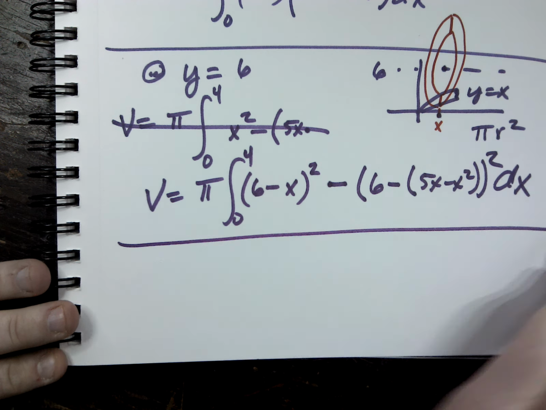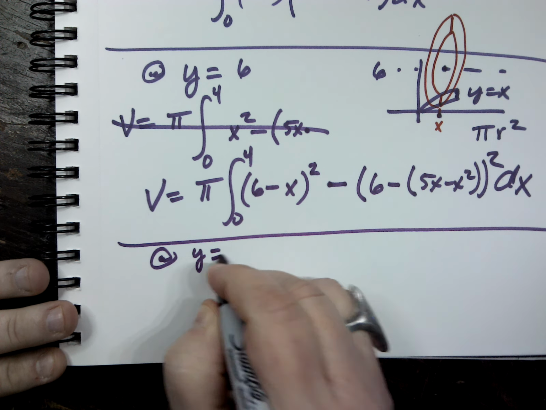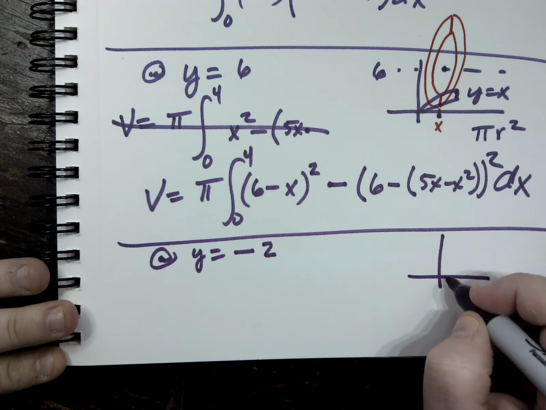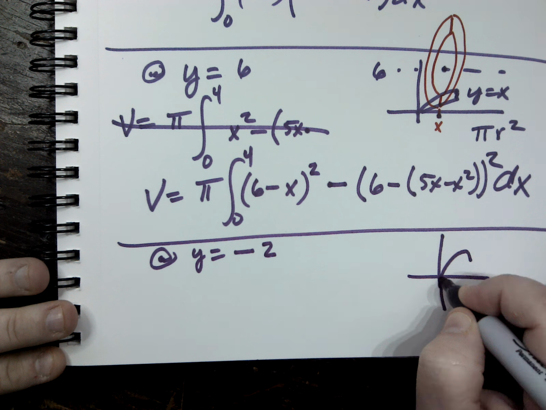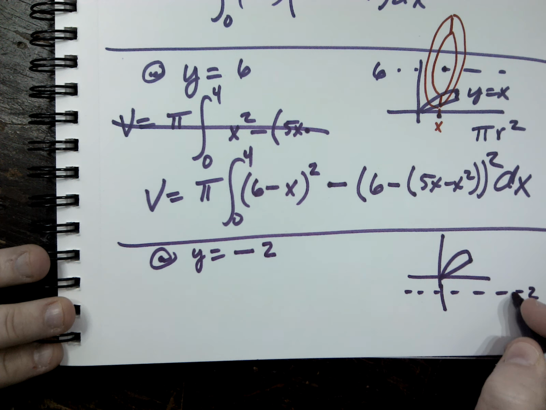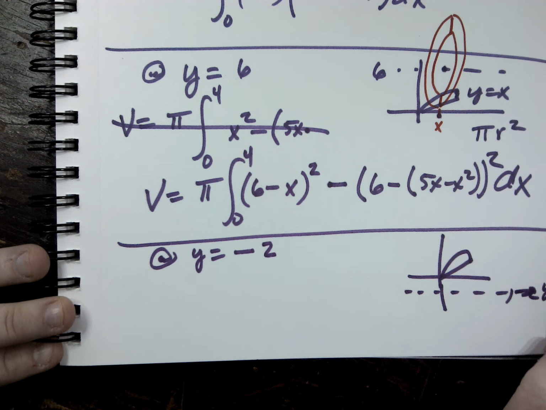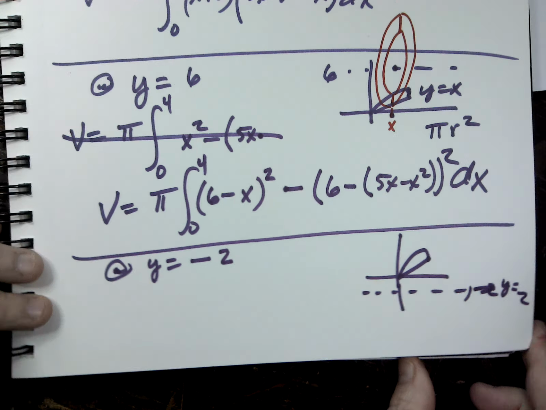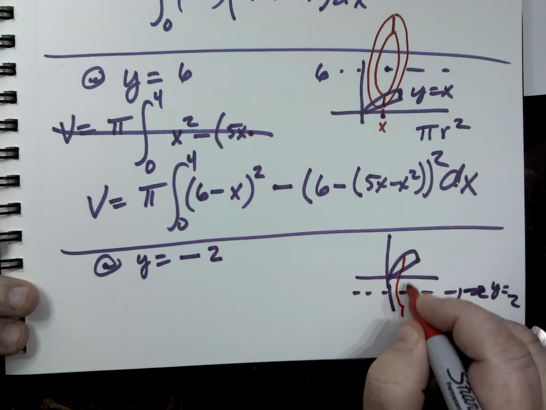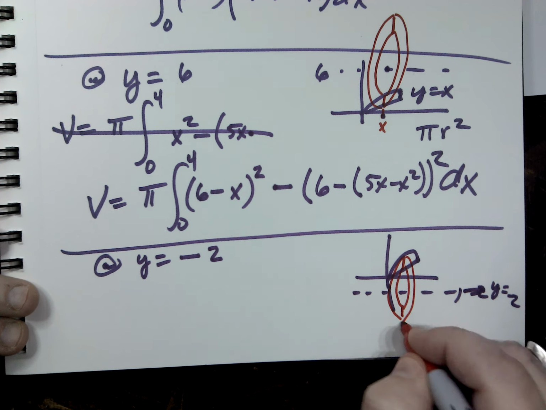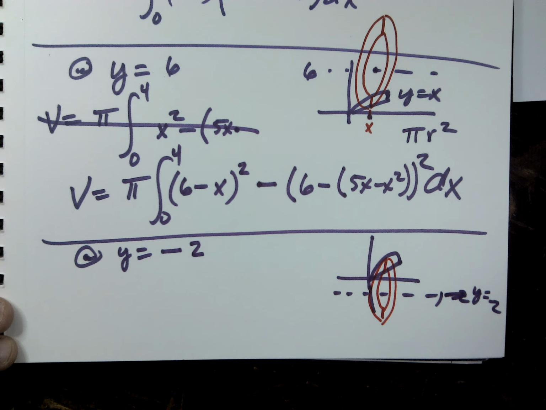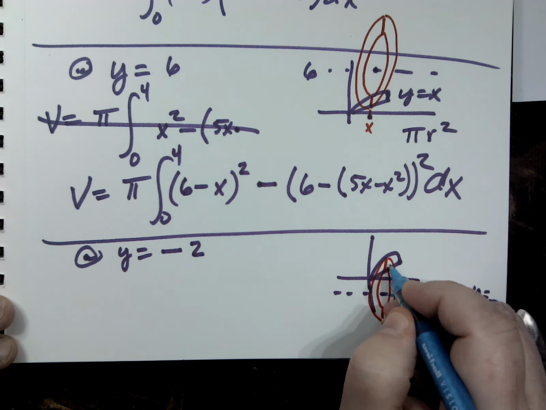So if I rotate it about y equals -2, so the outer radius goes from the axis to this point.